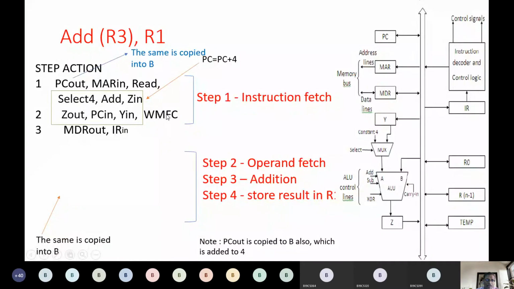After completing the read signal, the data read from memory is copied into MDR, taken out from the MDR, and copied into the instruction register also. So the instruction is available in the instruction register.